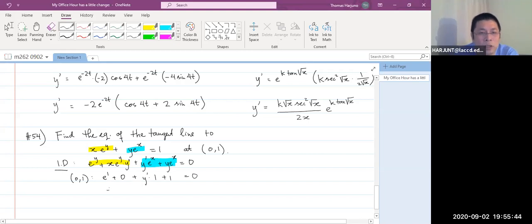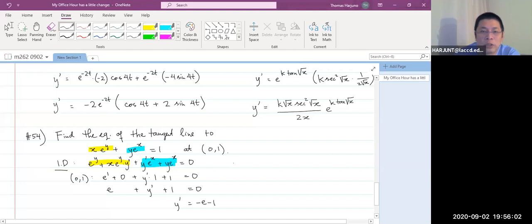So e plus y prime plus 1 equals 0. Y prime equals negative e minus 1. That's the slope only.